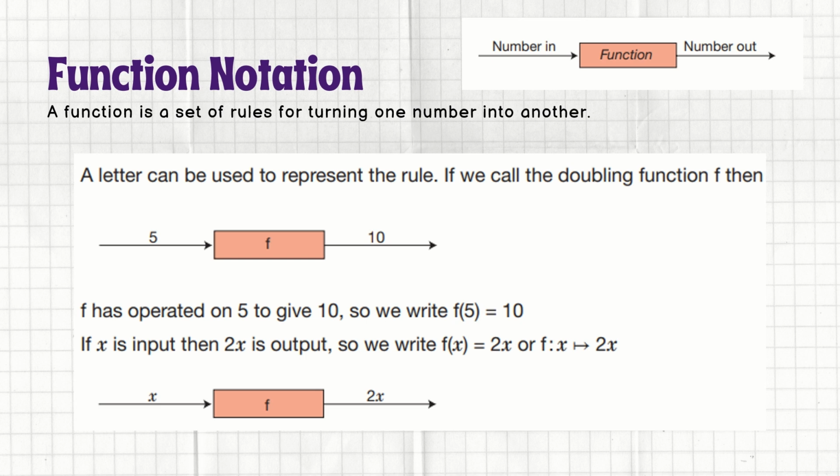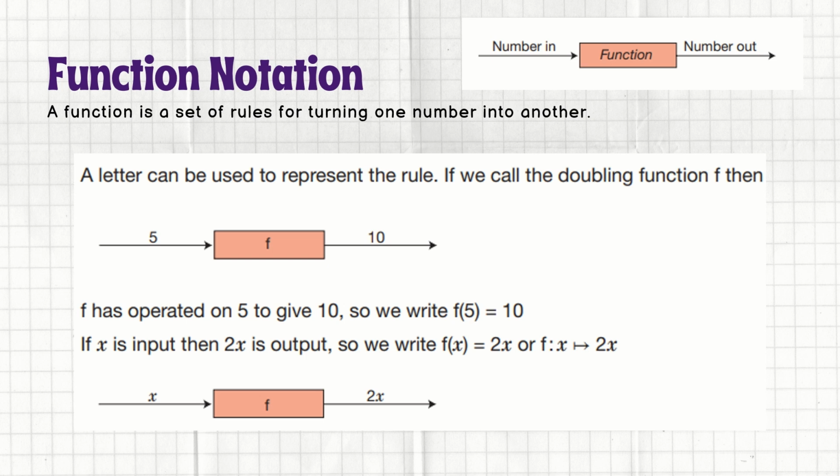f has operated on 5 to give 10. So we write f(5) = 10. If x is input, then 2x is output. That is the doubling function.